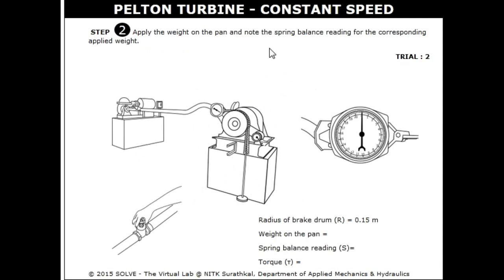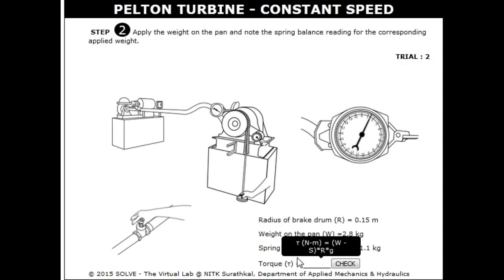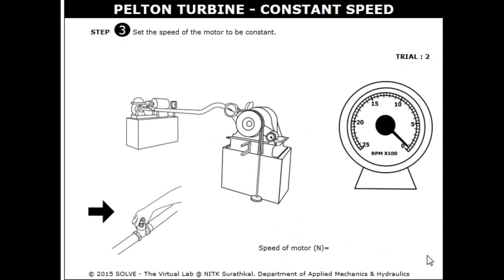The next option is to start with the second trial. So let us change the discharge value so that we can bring the speed to 600 rpm. We'll put the weight. Now after the weight, we have to measure the torque. The torque value is 2.5 Newton meter.